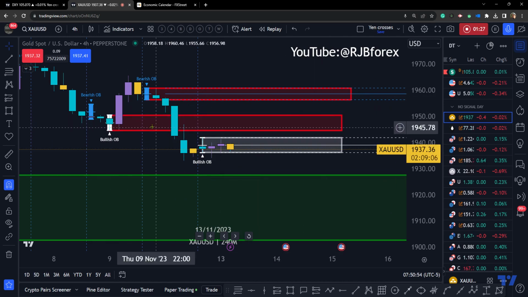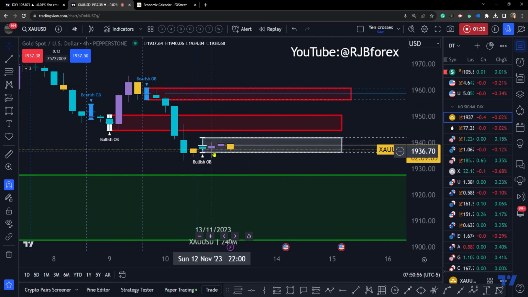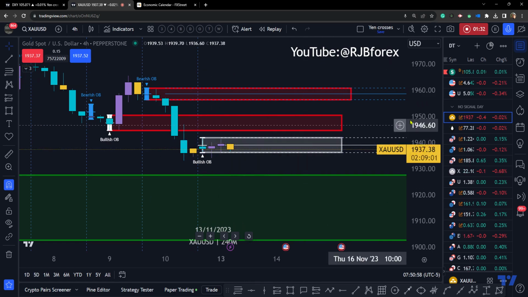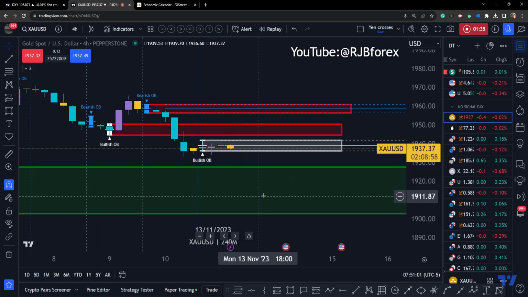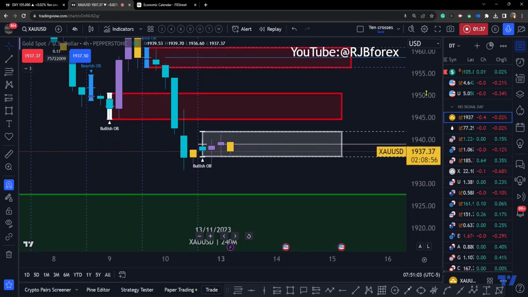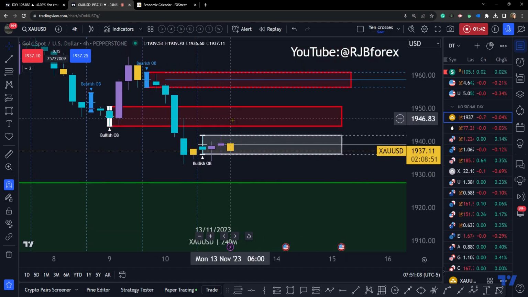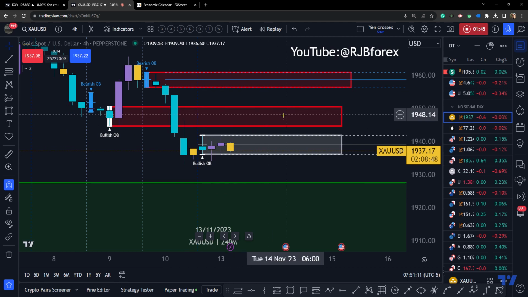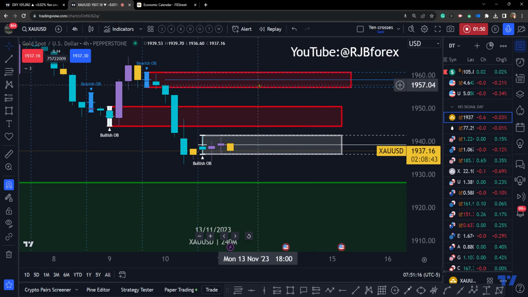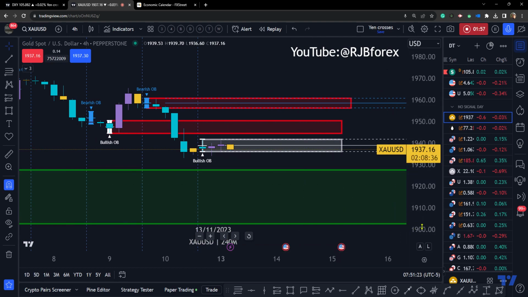Potential resistance in here, up here, we're sort of trapped within this box, and then that's the supply area, the demand area to the downside that the price could be heading towards. But like I said, we might need to move up into supply over here, 1950, 1960, if we're not just going to see a drop down towards a test of 1900 there.